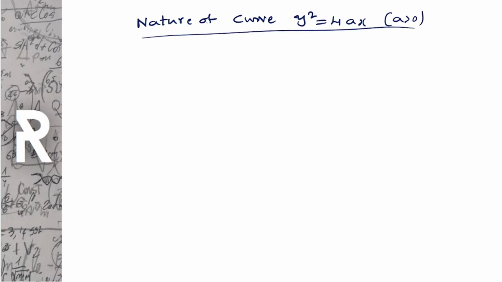Here 4 is positive, a is positive, and y² is positive, so x should be greater than or equal to 0, otherwise y² would be negative. That's why the parabola lies in quadrant 1 and quadrant 4 only.